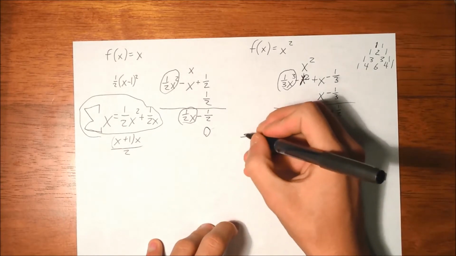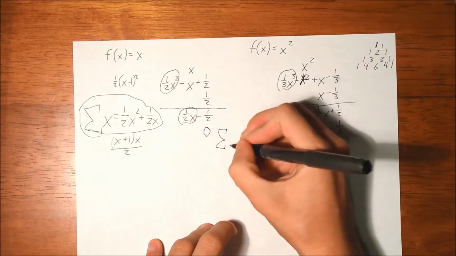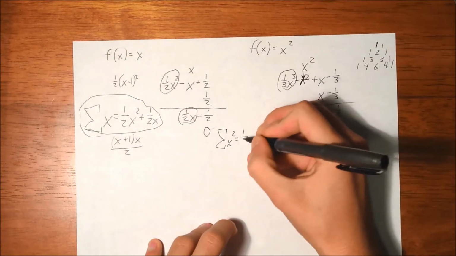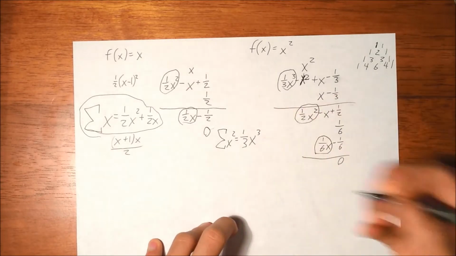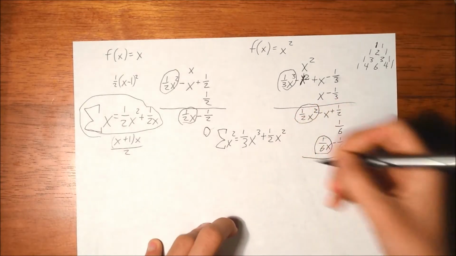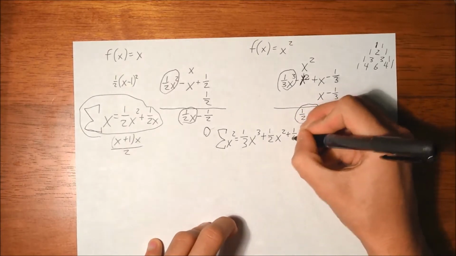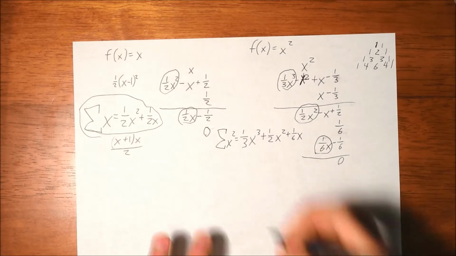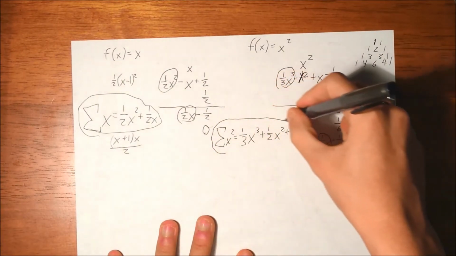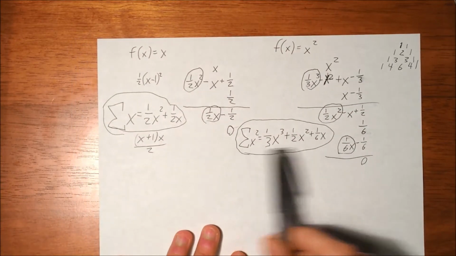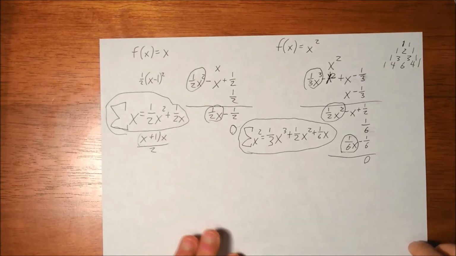So that means that the indefinite summation of x squared is equal to 1/3 x cubed plus 1/2 x squared plus 1/6 x. And I know it can sometimes be written a different way, but if you expand it, it will come out to this polynomial.